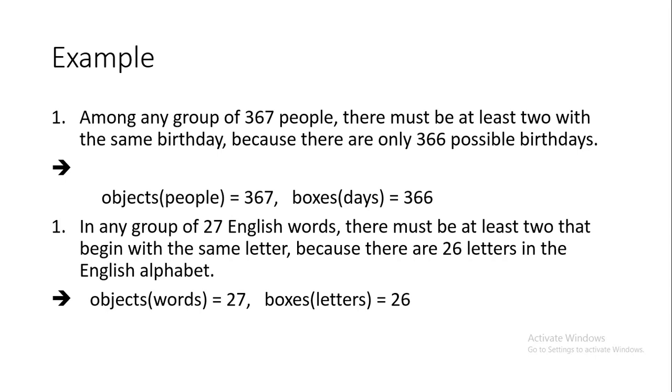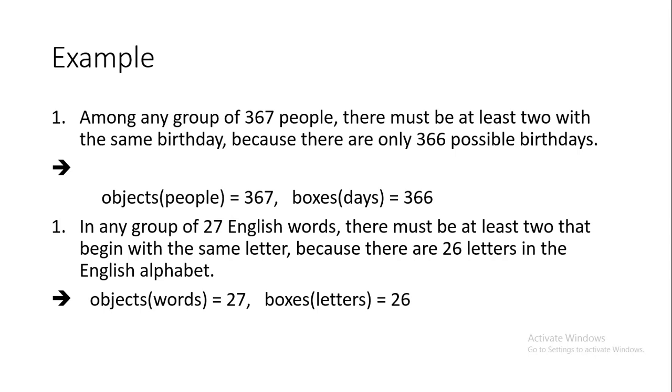So how can we map? Suppose among the 367 people, we take out 366 people. Those 366 people map with the 366 days. So what about the remaining one person out of the 367? That remaining person can also be mapped into one of these 366 days.